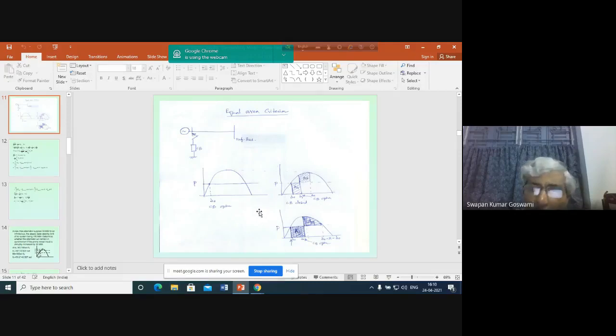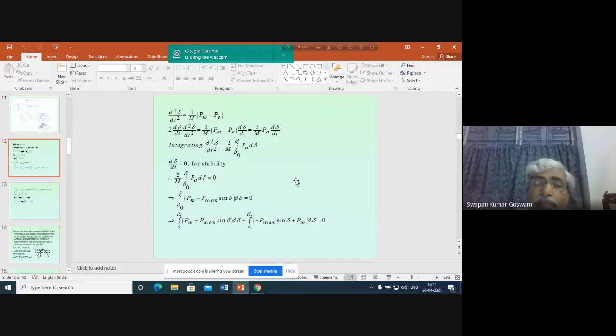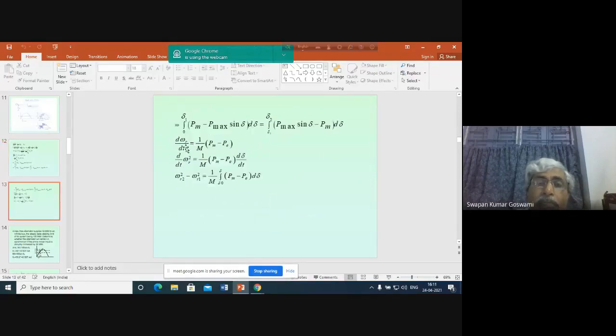What we have done later on is put the equation representing this curve, representing the power input, and finally shown that these two areas may be represented by these expressions. This is one area representing the energy responsible for acceleration of the generator, and this is another area representing the energy responsible for the retardation of the generator.